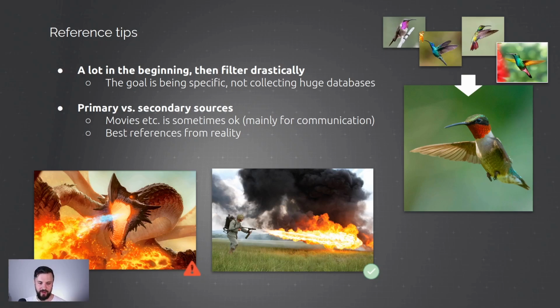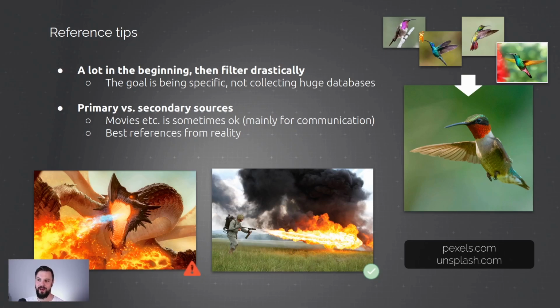And the second tip is, as you have seen here, I only used references from reality. Actually they were from the great websites Pexels.com and Unsplash.com, which provide a lot of free content. And no, I'm not getting paid by them. I just find them absolutely amazing for reference work. But all of them were actually recorded from reality.